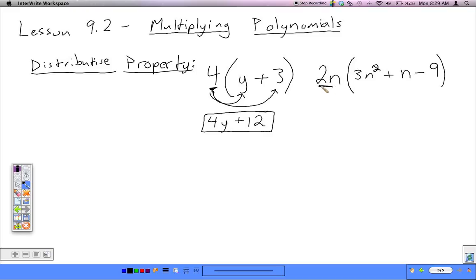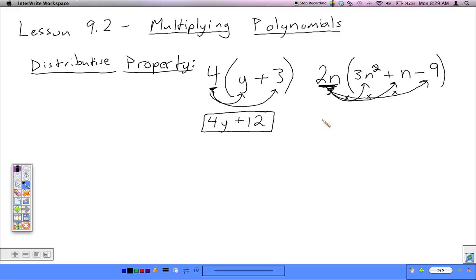Once again, our outside term has to distribute with every inside term. So I'm going to get these arrows drawn showing that it's going to multiply with each of those. So this is multiplication, this is multiplication, this is multiplication. 2n times 3n squared. The coefficients, or the front numbers, will multiply.